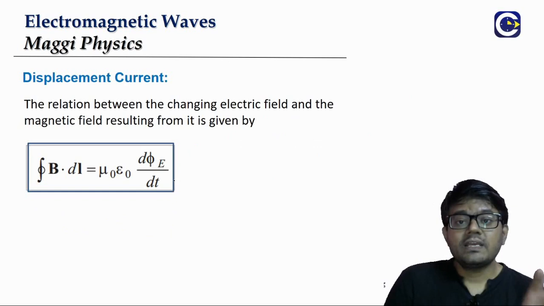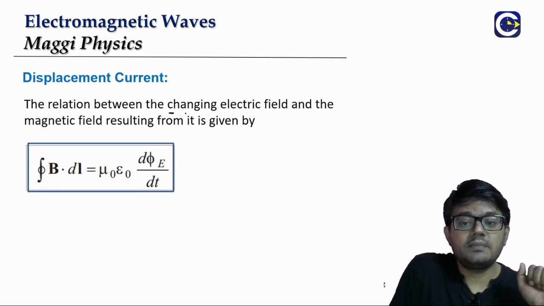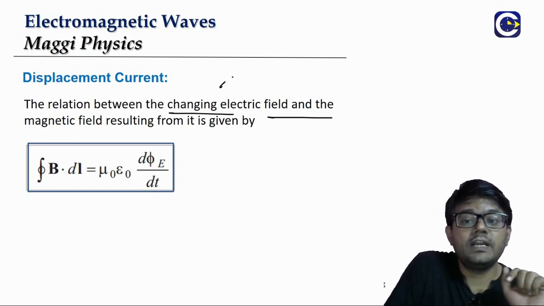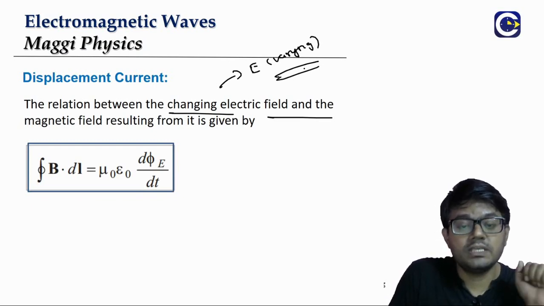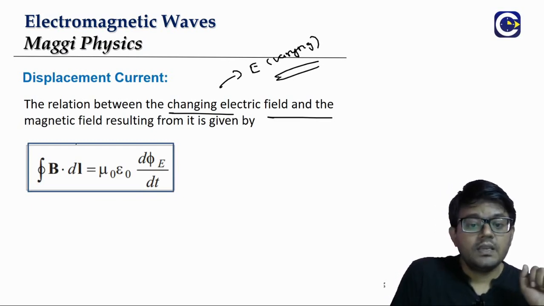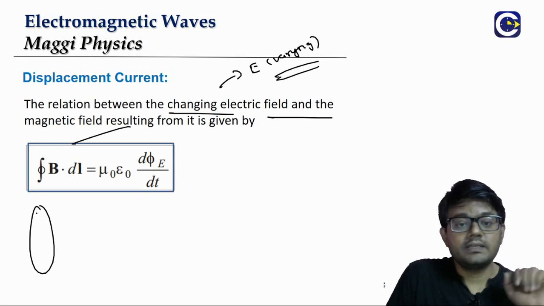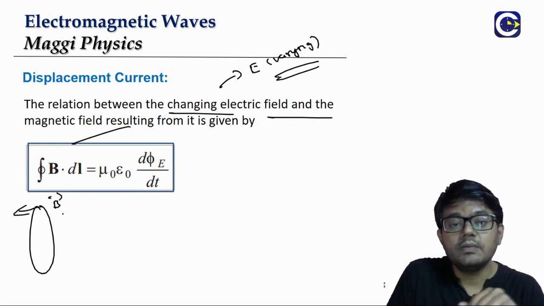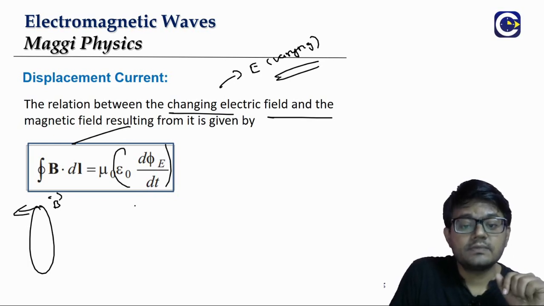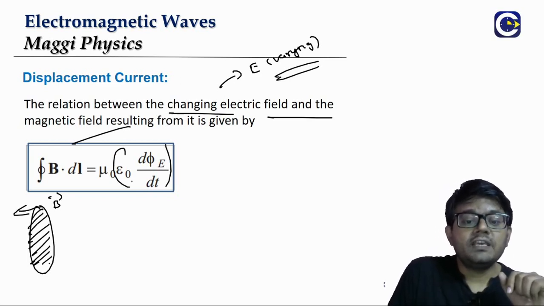But we can also have magnetic field produced if there is no current carrying object, when the electric field is actually varying or changing. So if you have a varying electric field, then we can produce the magnetic field. If you take a loop, same concept, the line integral of the magnetic field will be equal to mu naught times epsilon naught into d phi e by dt.